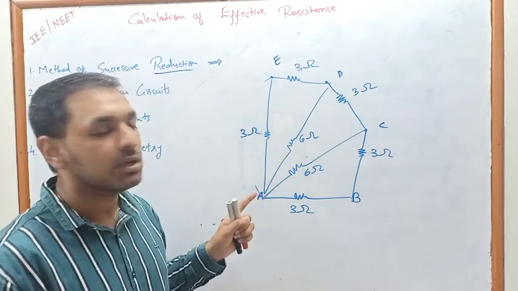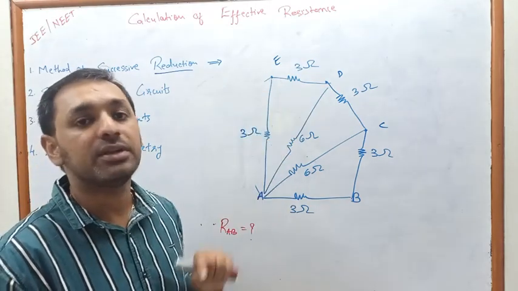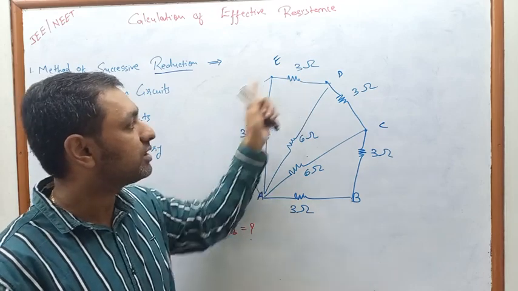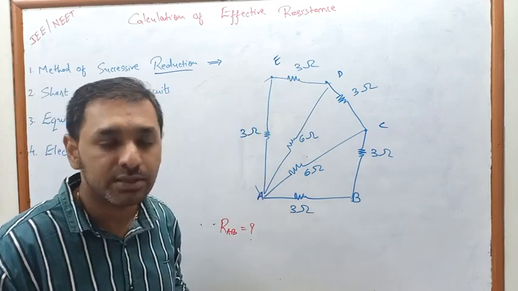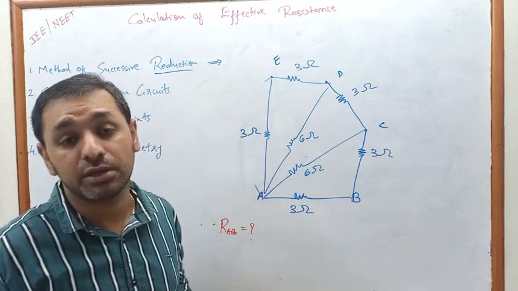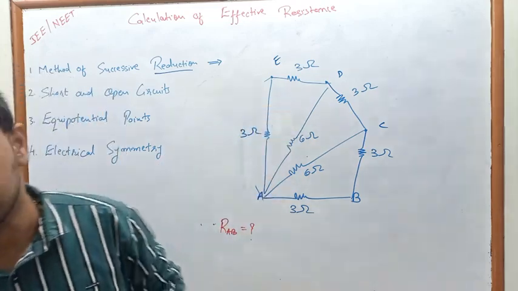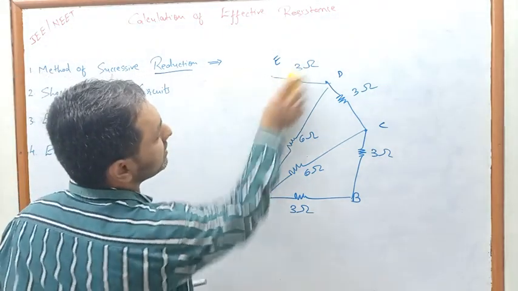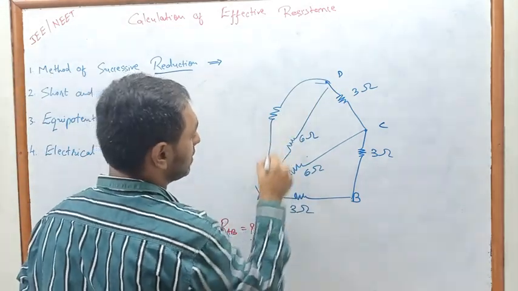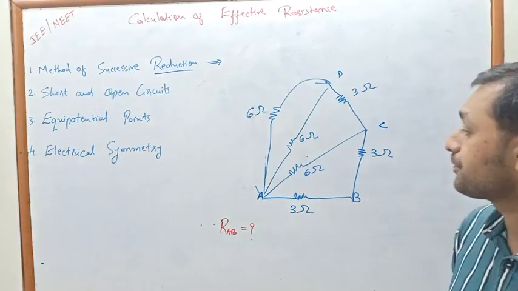Consider point A and point E and point D. So 3 ohm and 3 ohm. This time these 3 ohm resistors are in series, means instead of these two resistors, I can put one resistor whose resistance is 3 plus 3 means 6. So I'm reducing the network and I'll get one resistor whose resistance is 6 ohm.